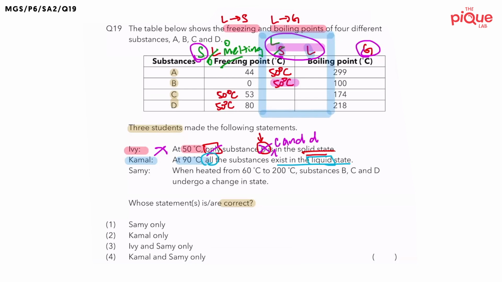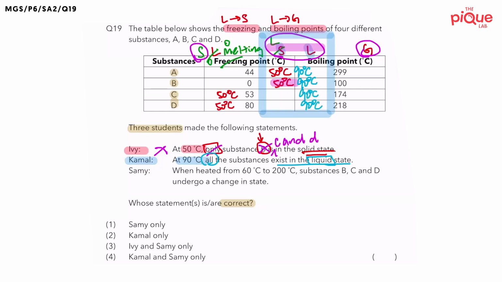So let's check whether at 90 degrees Celsius, all of them will be in liquid state. Look at substance A. Again, we will place 90 degrees Celsius in the middle of 44 and 299. And we can see that this is the same for substance B and also substance C and D.